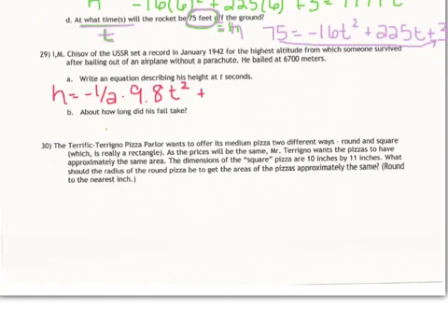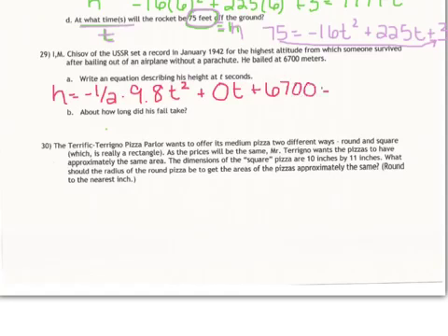Now for this one, the initial velocity, because there was no force behind him, he wasn't being shot out of a cannon or pushed out of this plane. Okay, he just went out without a parachute. My velocity at which I left, we're going to say is 0. Okay? He didn't leave with any outside force behind him. And then the initial height is the height at which he jumped, which was 6,700 meters.